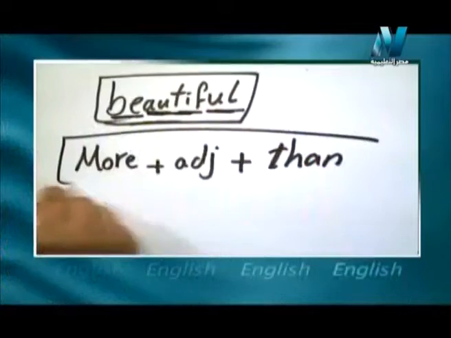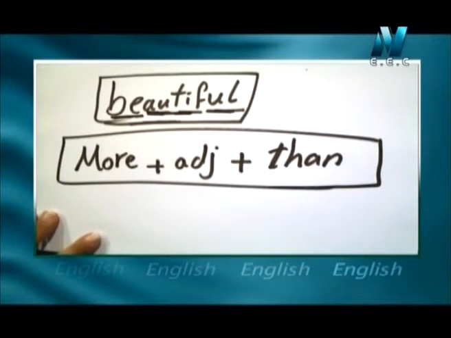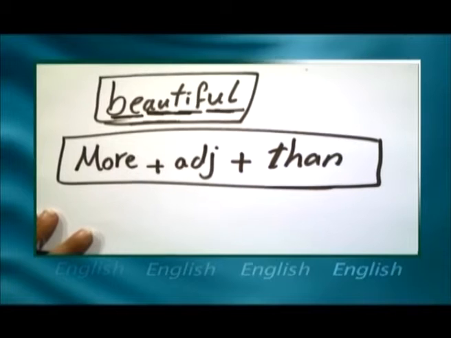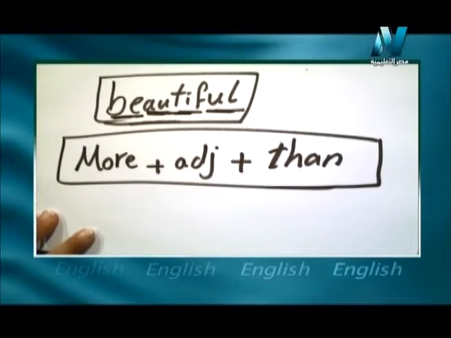No. What shall I do? I'm going to put the word more before the adjective and then the word than. This is the form for the long adjectives. More, and then the adjective, and then than.